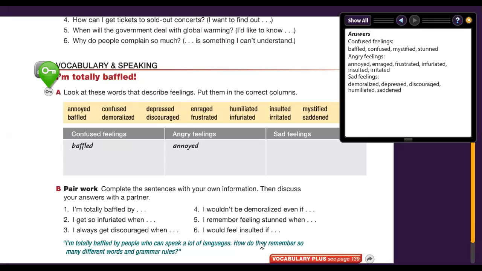I remember feeling stunned when I had classes and I didn't know, and I would feel insulted if someone rejects my invitations. Okay, so each expression refers to confused feelings, angry feelings, annoyed feelings, or sad feelings.